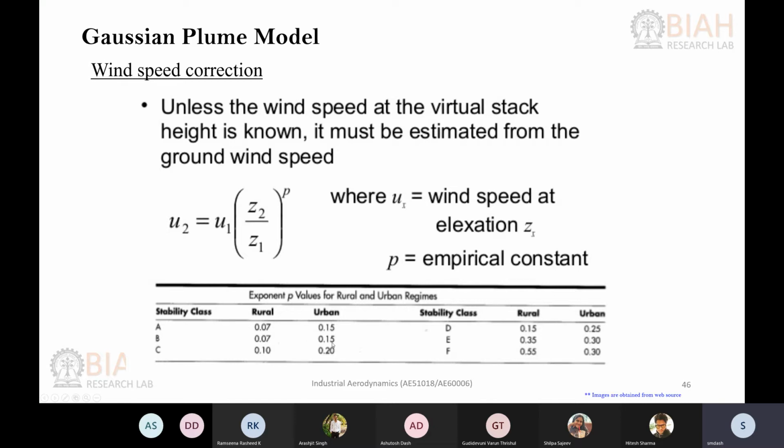So based on that, a suitable P value can be taken, and once you know the P value, you can find out what will be your wind speed at the effective stack height.